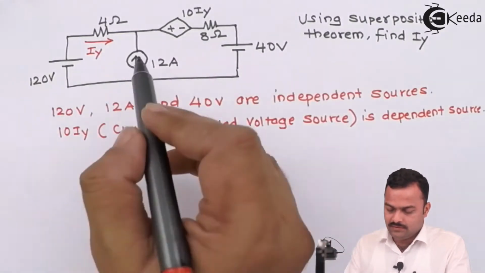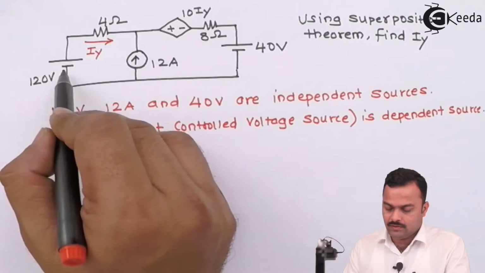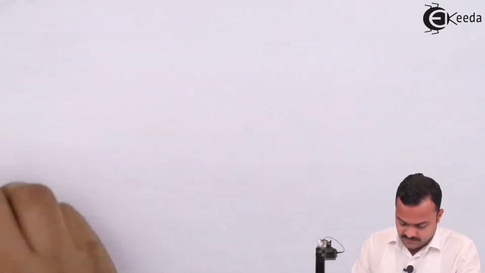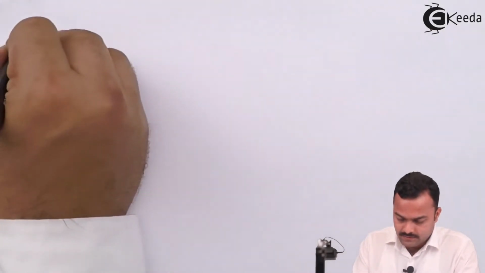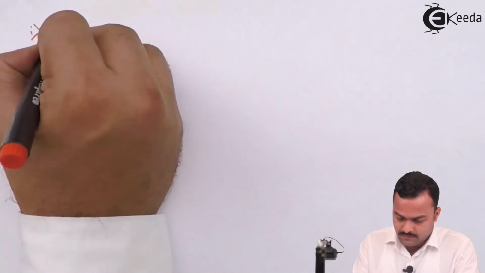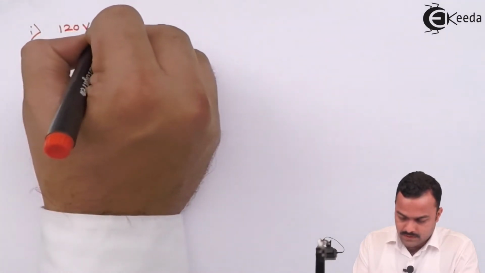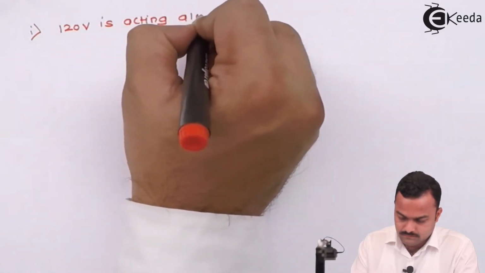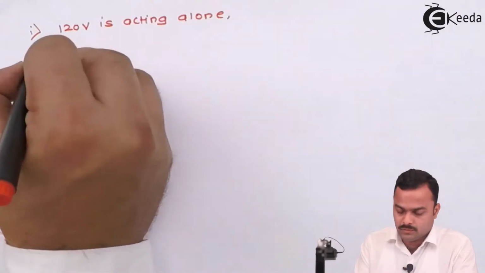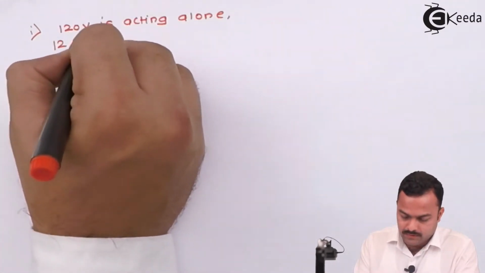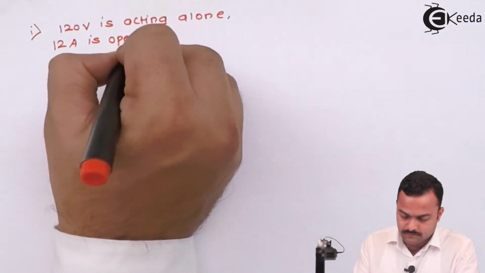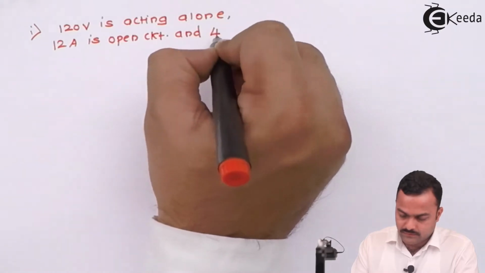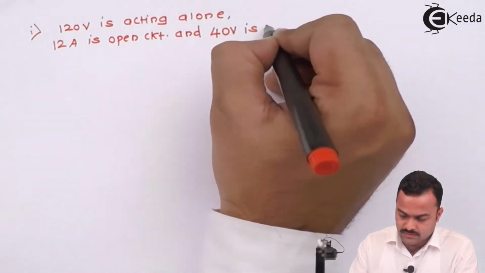So what we will get over here is a simple circuit consisting of only 120 volt acting alone. So let's draw the circuit for this. Let me write the statement. What we are considering over here: 120 volt is acting alone, and what will happen to 12 ampere? 12 ampere is open circuited, and another voltage source which is 40 volt is short circuited.